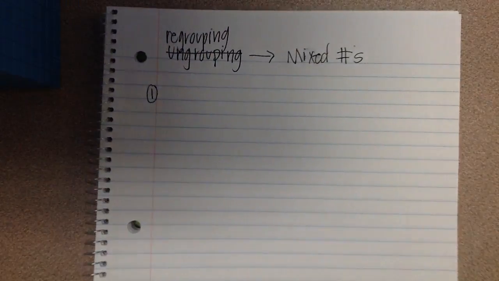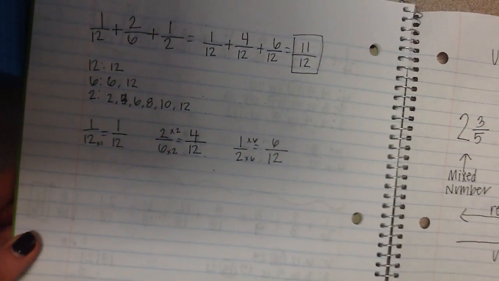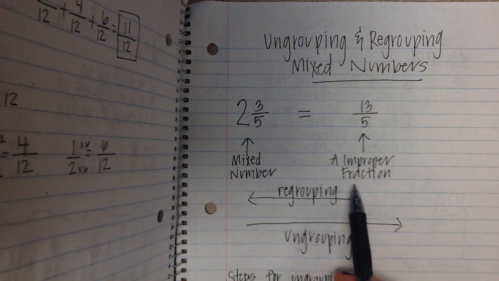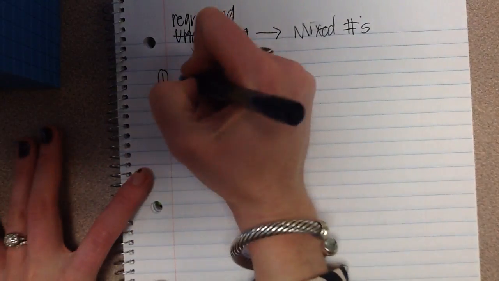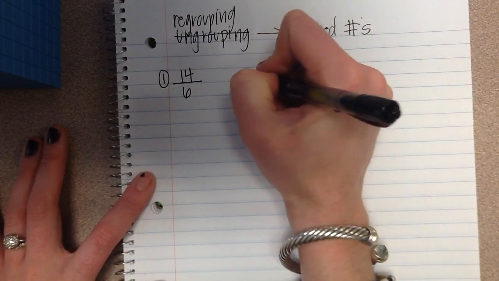Sorry, made a mistake. So you are regrouping. It's hard for you to see. We are regrouping, so we are going from improper to mixed. We'll say 14 over 6, number 2.